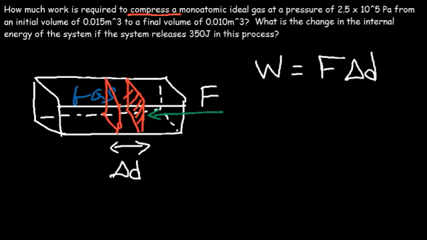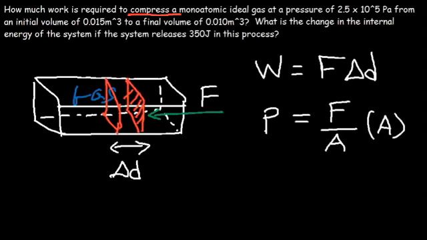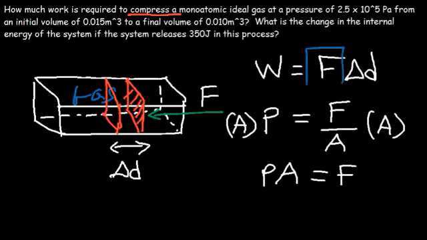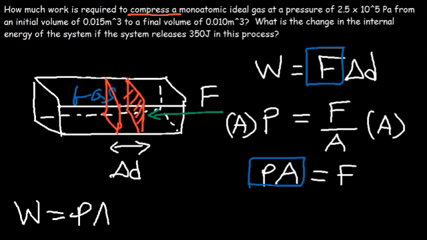Anytime you apply a force over a certain area, you're applying a pressure. Pressure is equal to force divided by area. So if we multiply both sides by A, the pressure times the area is equal to the force. So we can replace F with P times A. The work is therefore equal to the pressure times the area times the displacement, or the distance that the piston moves to compress the gas.